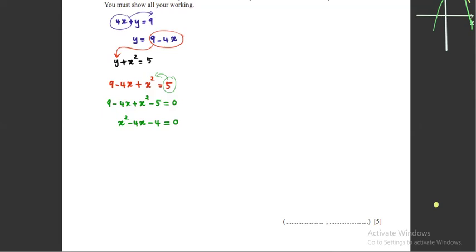So here the coefficient of x squared is 1, so definitely we can make use of the factorizing method, and even if the coefficient is a different number, we can still use the factorizing method.